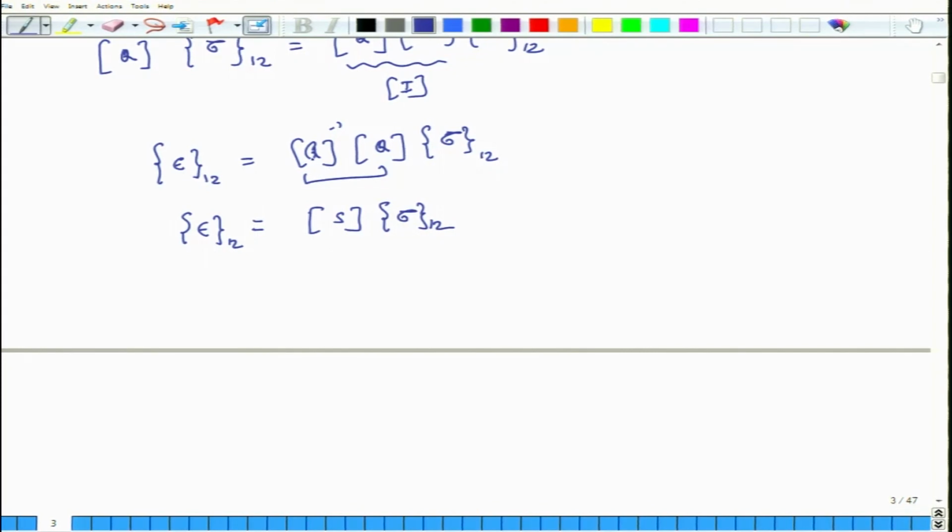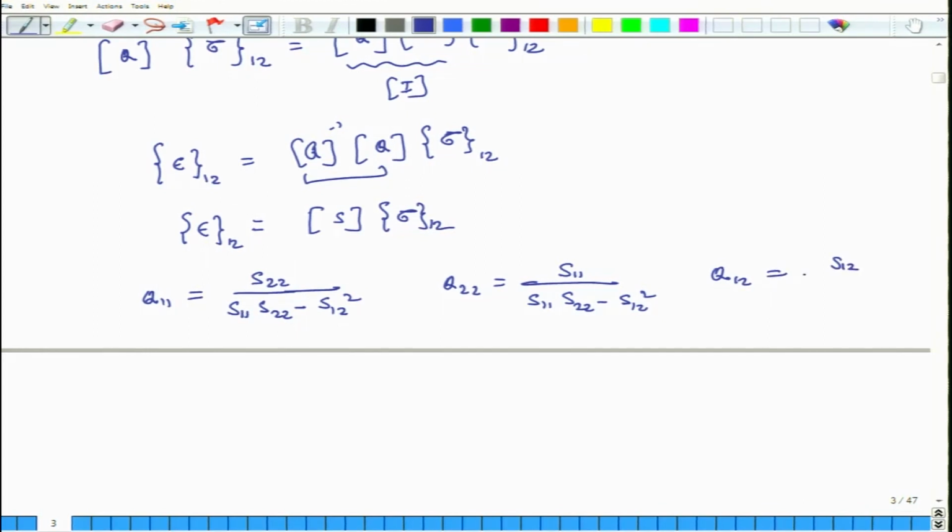So, basically it is just Q inverse times Q, and if I do all that mathematics, what we find is that Q11 is equal to S22 divided by S11 S22 minus S12 square, and then Q22 equals S11 divided by S11 S22 minus S12 square, and Q12 equals S12 divided by S11 S22 minus S12 square.